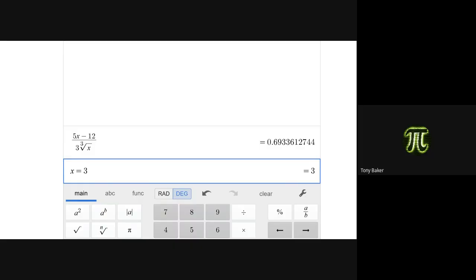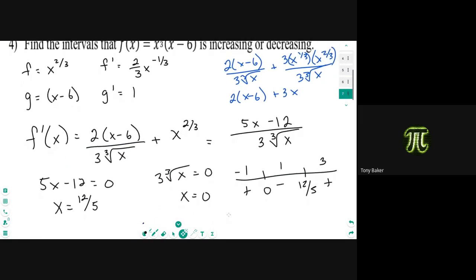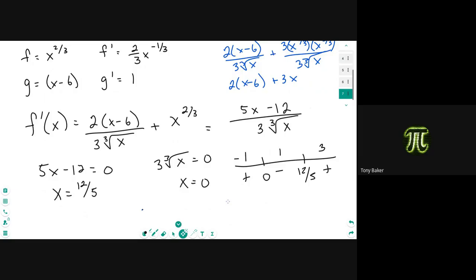And 3 gives you a positive. So in this situation, that 0 actually does change direction. So I have increasing from -infinity to 0, and from 12/5 to infinity, and decreasing from 0 to 12/5.